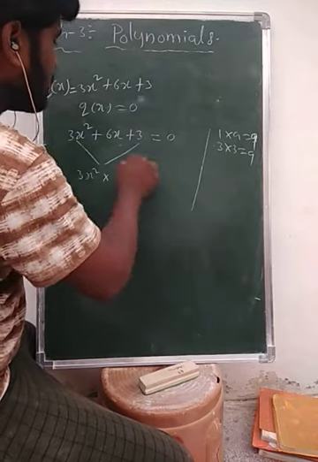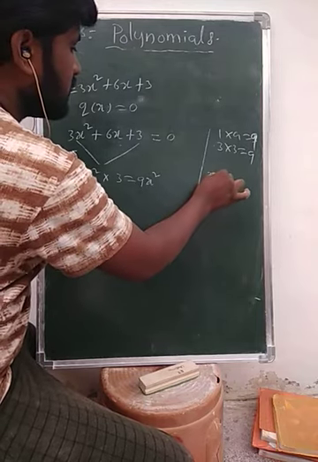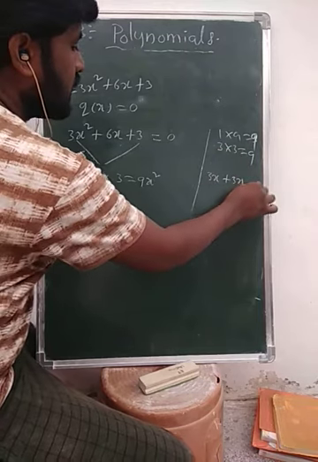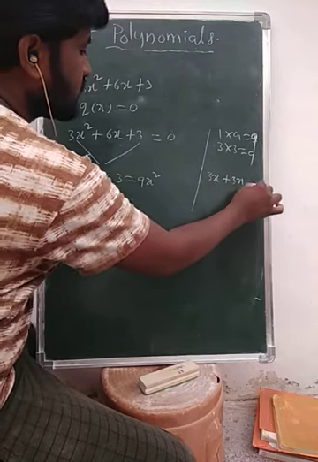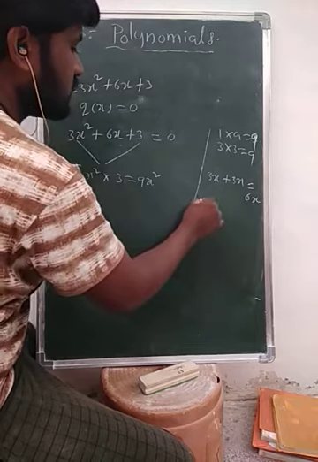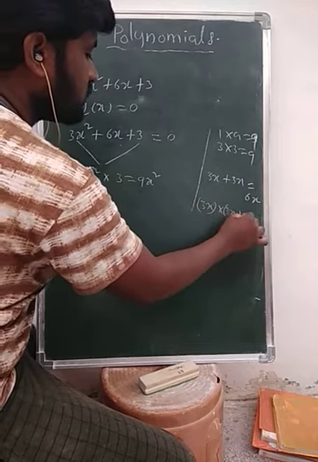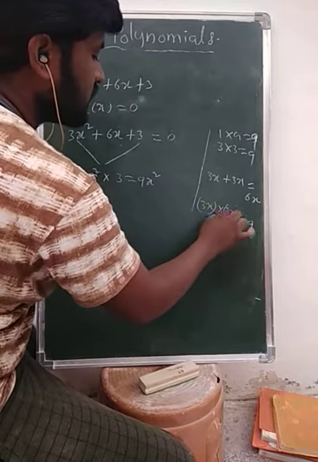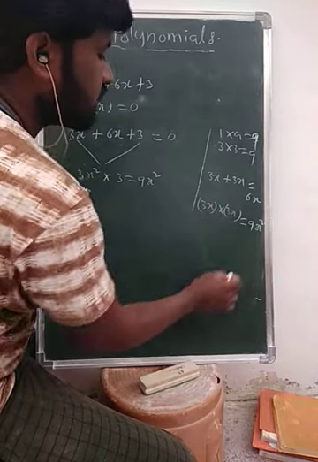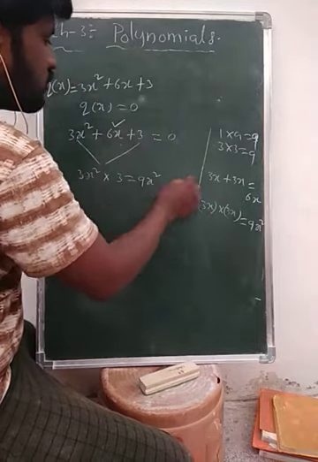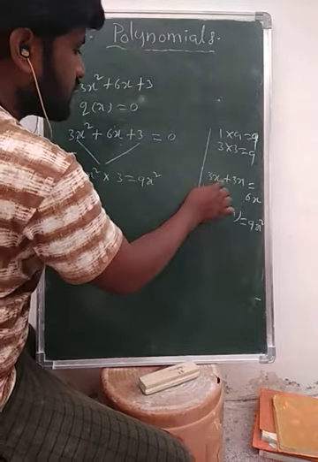So what I am taking here is 3x and 3x. I am adding these two, 3x plus 3x, that is 6x. I am multiplying these two, 3x into 3x, that is 9x square. So in the place of 6x we can write 3x plus 3x.